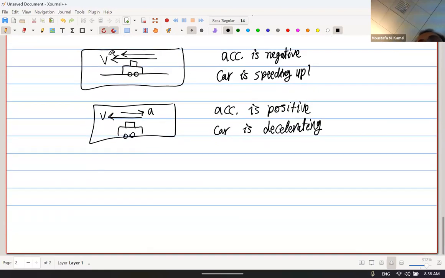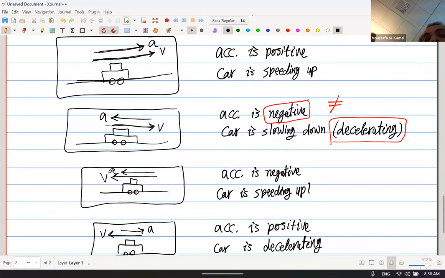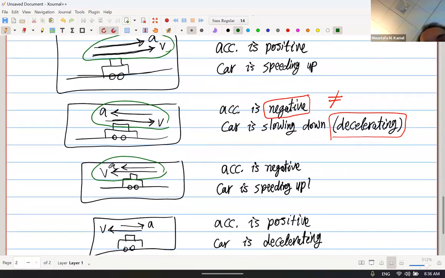Okay. So from these pictures, we see what's important is not the sign of the acceleration, it's actually the direction of acceleration with respect to the direction of the velocity.